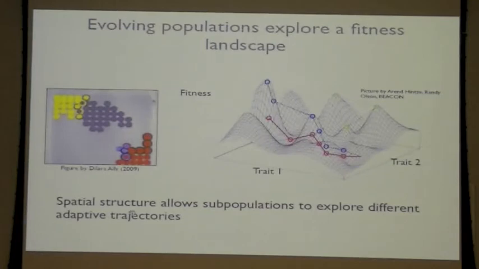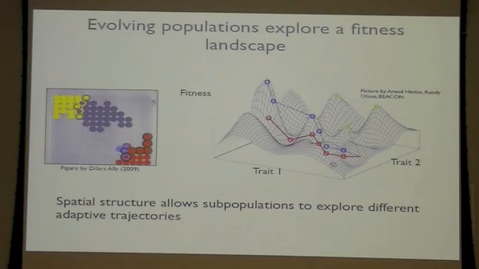So the way I like to think about this is using this metaphor of fitness landscape, and I particularly like this cartoon that I stole from the BEACON website. So this is an example of a fitness landscape, and I think this is something that everyone is familiar with, but very briefly, populations occupy some position on this fitness landscape, which is basically plotting fitness against either phenotypic or genotypic space.